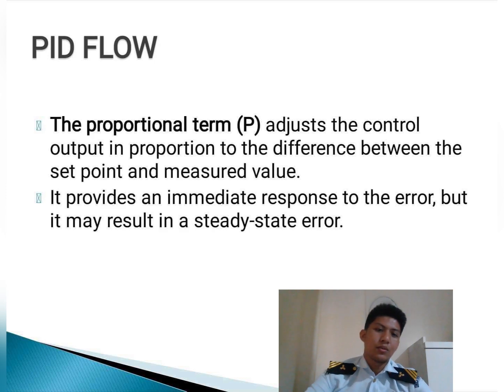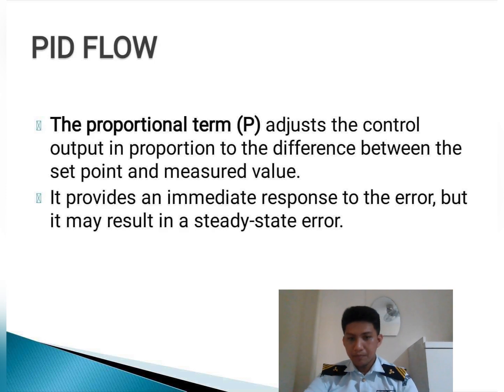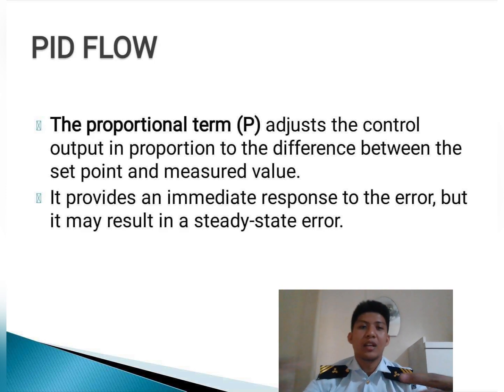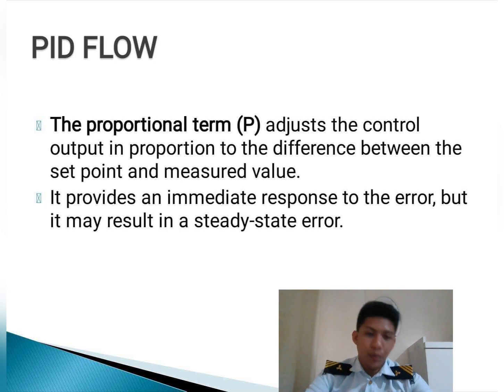First we have the proportional term. Proportional means corresponding in size or amount to something else. So, proportional means aligned, or pareho. The proportional term adjusts the control output in proportion to the difference between the set point and measured value.